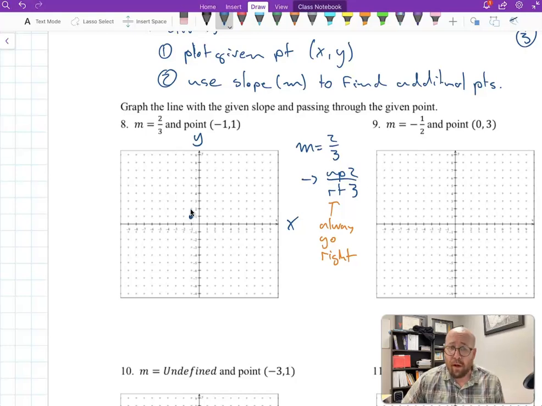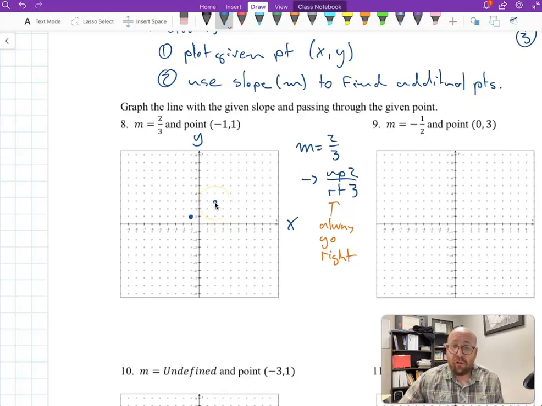So that's 1, 2. We're now at y equal to 3, but we need to go to the right 3. So that's going to be 1, 2, 3. We're now at x equal to 2. So we went up 2 to the right 3. There's our next point.